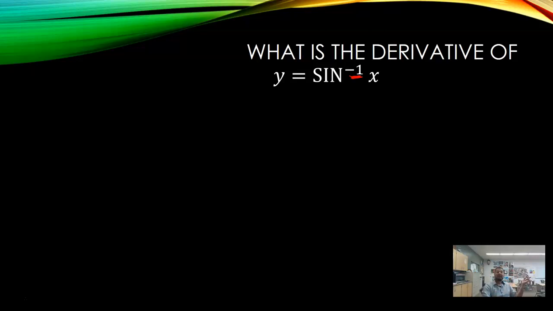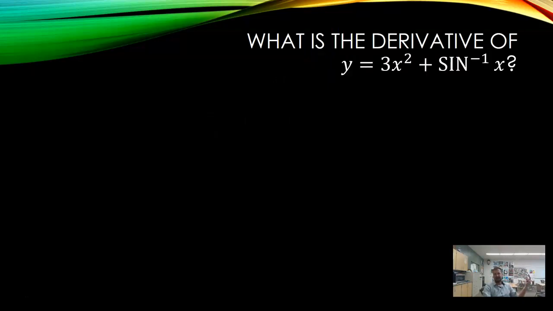So anytime I want to take the derivative of the inverse sine of x, I just use this formula right here. The derivative of the inverse sine of x is 1 over the square root of 1 minus x squared. And this is just something that you have to have memorized. So if I had something like, what is the derivative of 3x squared plus the inverse sine of x, we would just again take the derivative a term at a time.